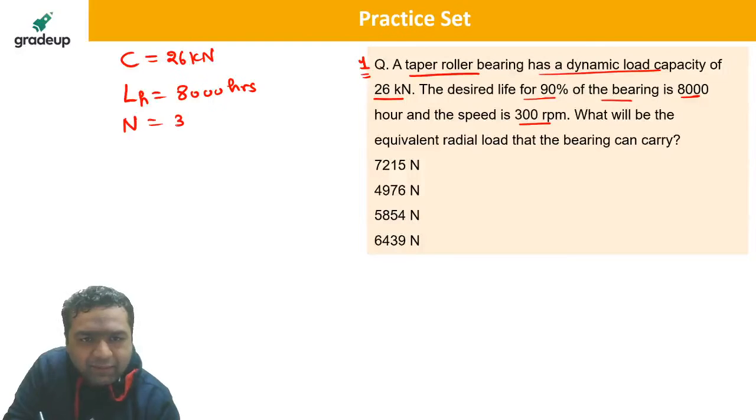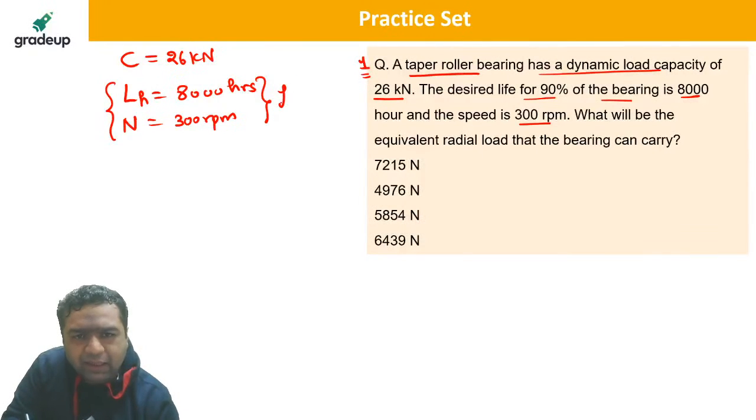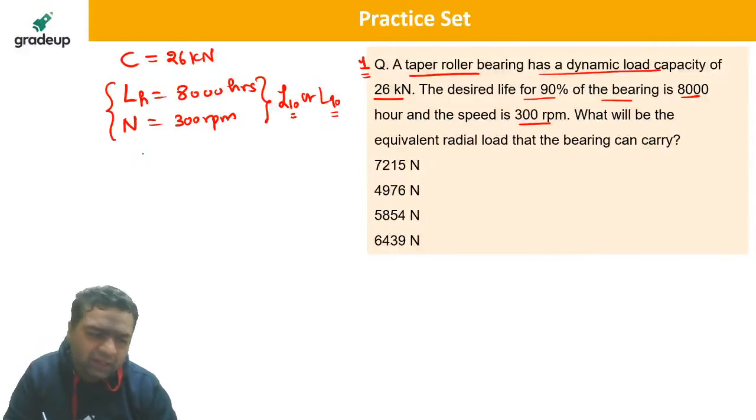Using these two things, you can find out the life in millions of revolutions, which is L10 or L90. L90 means 90% of bearings pass, L10 means 10% of bearings fail. Both have the same meaning, guys.